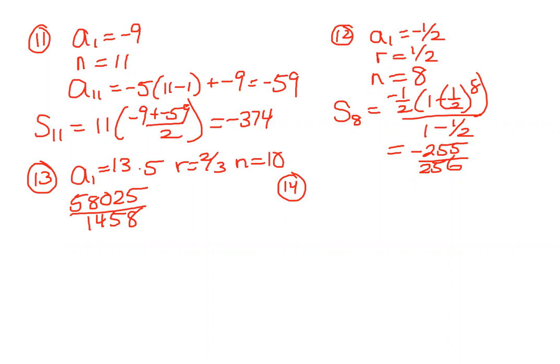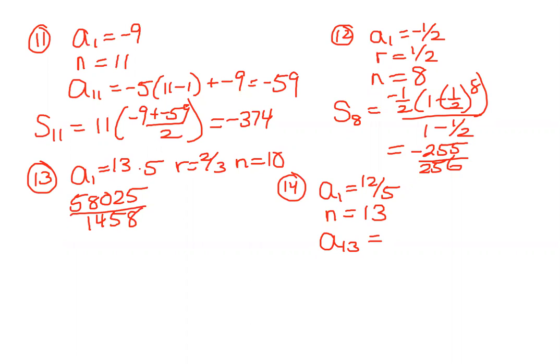All right, number 14 is arithmetic. So we need A1, which is 12/5, and we need N, which is 13, and we need A13. So we're going to use our equation, and I'll do it on here.